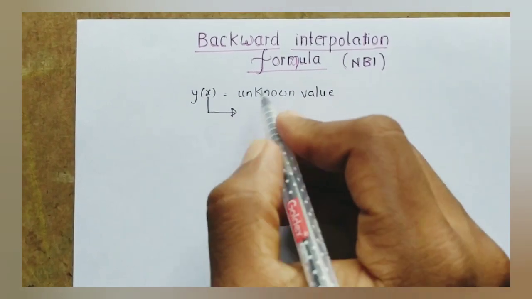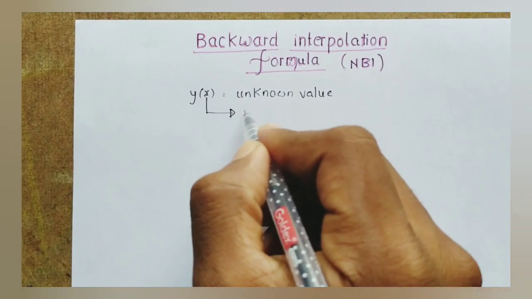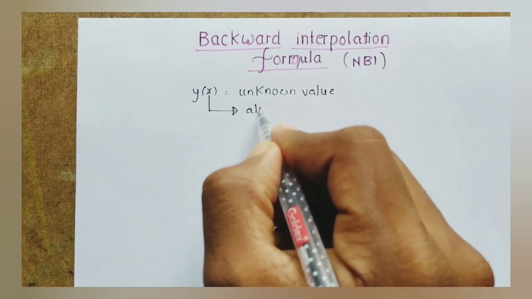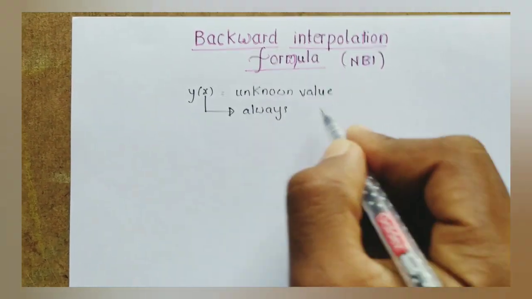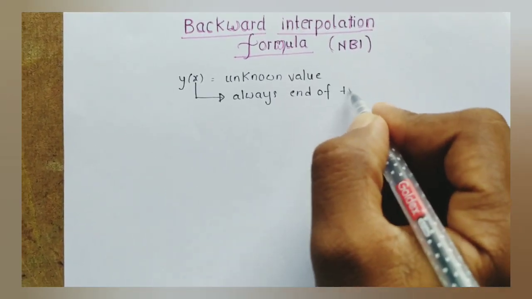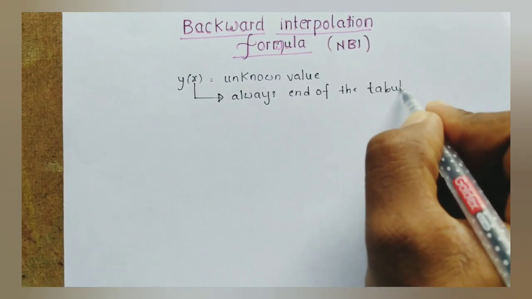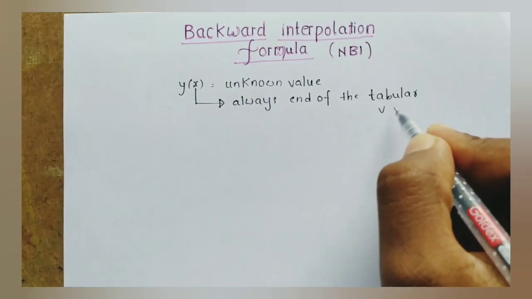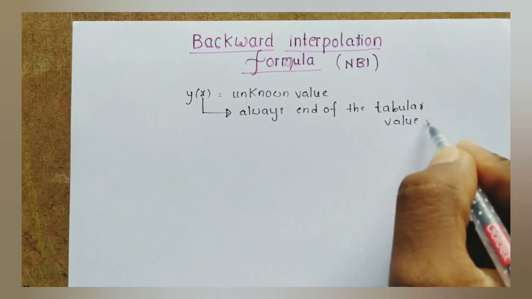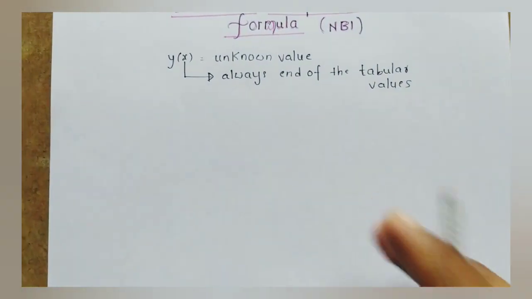That means the given x value is always at the end of the tabular values. Only in this condition is the backward interpolation formula used.